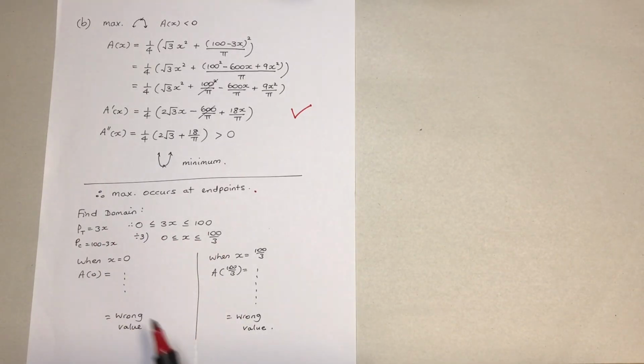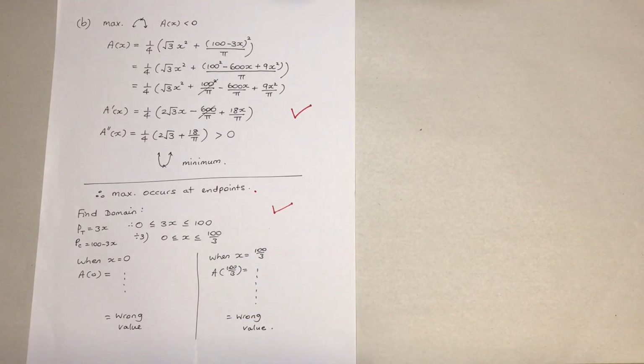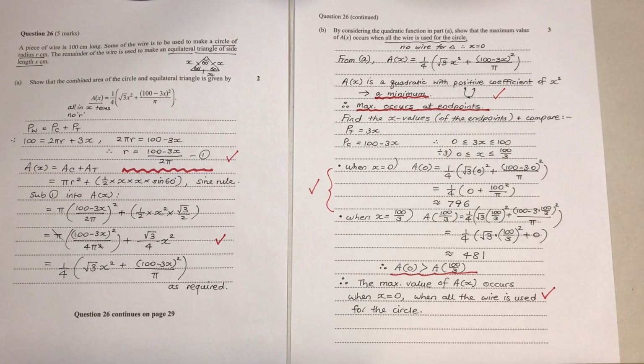And then you find the domain of it for endpoints. And then for some reason your calculation is not correct. So that will give you 2 marks. Wrong calculations but correct reason can earn you 2 marks. That's what I think.